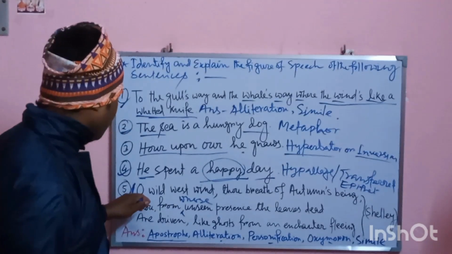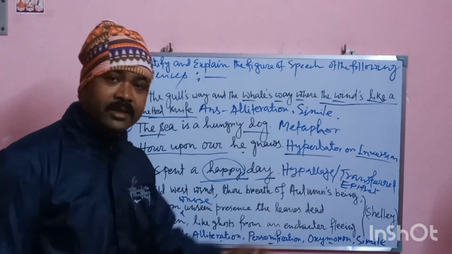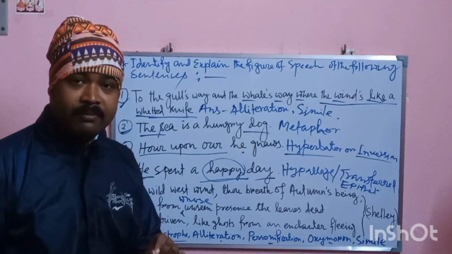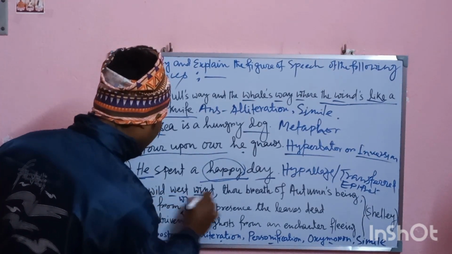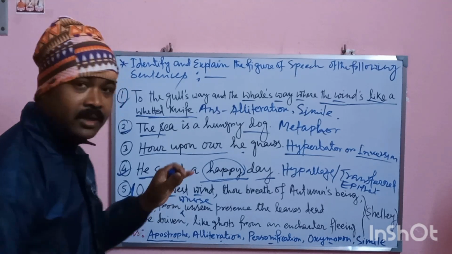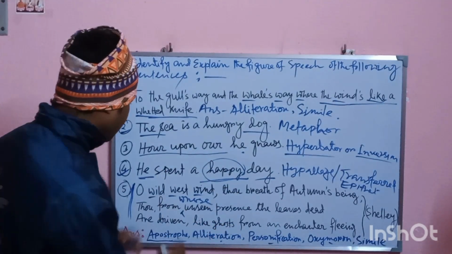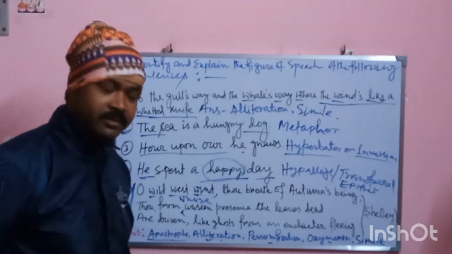So, O wild west wind, thou breath of autumn's being, is an example of apostrophe. Wild west wind, here again the letter W is repeated. So, wild west wind is an example of alliteration.